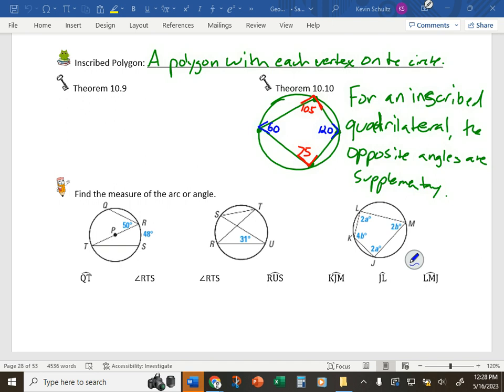What's special about a triangle inscribed in a circle?